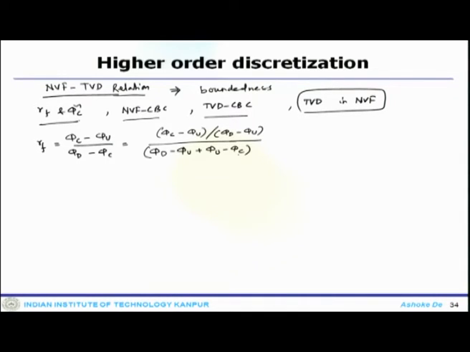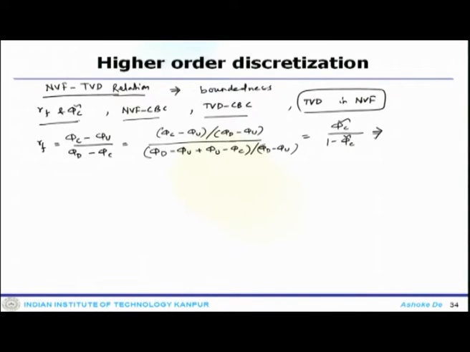What it does is divide both numerator and denominator by phi d minus phi u, and in the denominator phi d minus phi c you add phi u and then subtract the same amount. So, it is an algebraic manipulation which leads to phi c tilde by 1 minus phi c tilde.